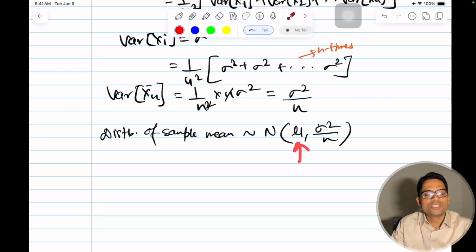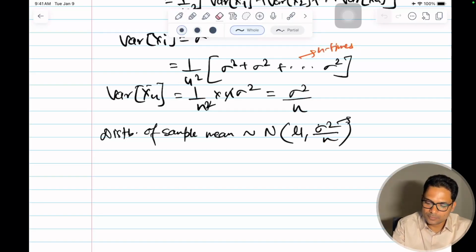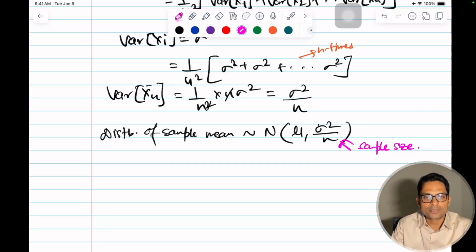Mu is the population mean, and sigma square is the variance of the sample divided by n. N is the sample size. I hope that is clear.